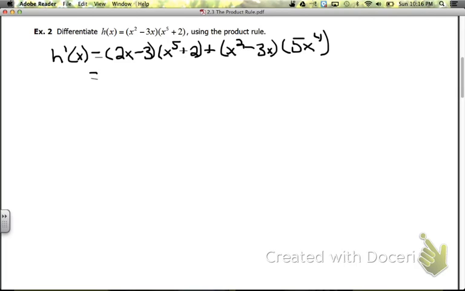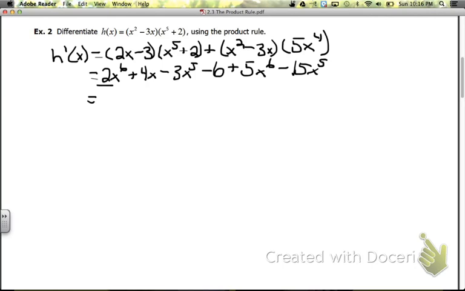We're going to now expand here, so we get 2x to the power of 6 plus 4x minus 3x to the power of 5 minus 6, and then plus 5x to the power of 6 minus 15x to the power of 5. Collect our like terms.